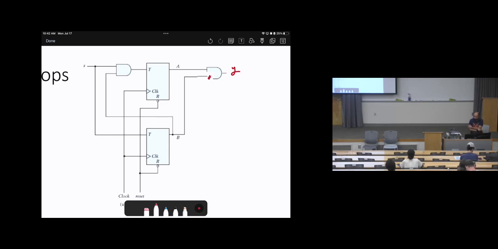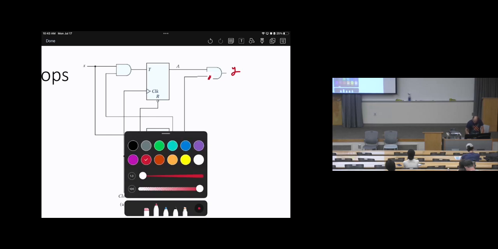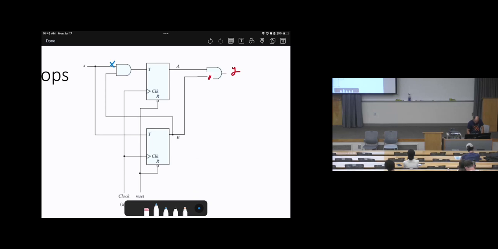Okay, so now we have outputs. At the same time, we have states. How can we deal with this problem? Again, start from the inputs. Look out for any feedbacks. Here is X. I'm going to write it here. This is X. Then this is X, right?